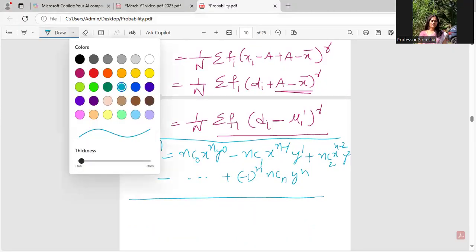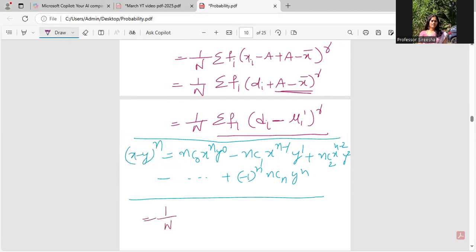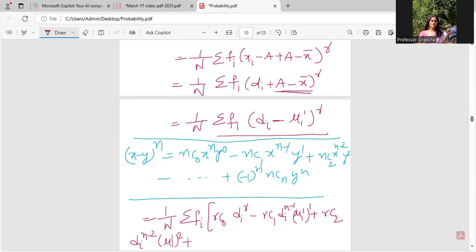So what will I get? 1 by n summation f i is outside: rC0 d i power r, of course mu 1 prime power 0, which is 1, so I'm not writing it; rC1 d i power r minus 1 mu 1 prime power 1, plus rC2 d i power r minus 2 mu 1 prime whole squared, plus one more, rC3 d i power r minus 3 mu 1 prime power 3, and it goes on and on.